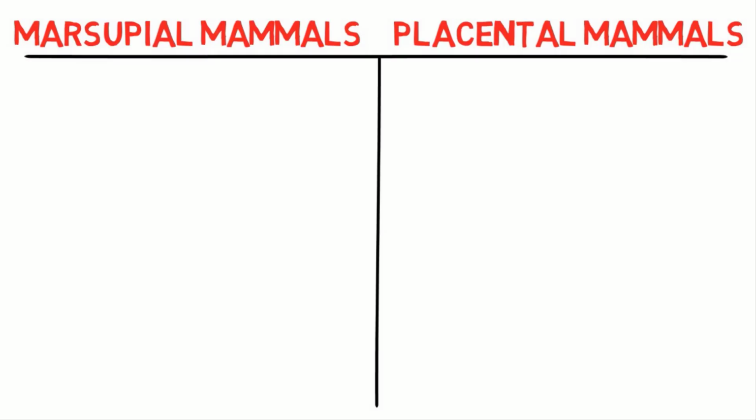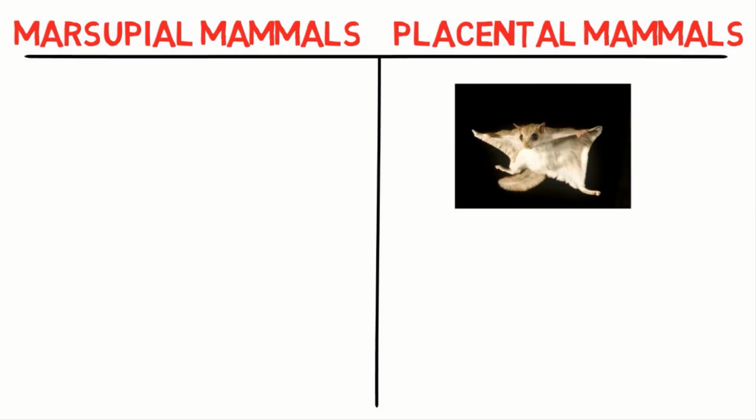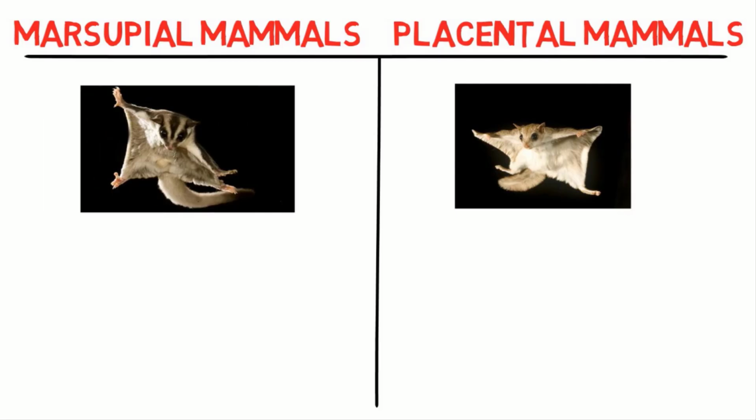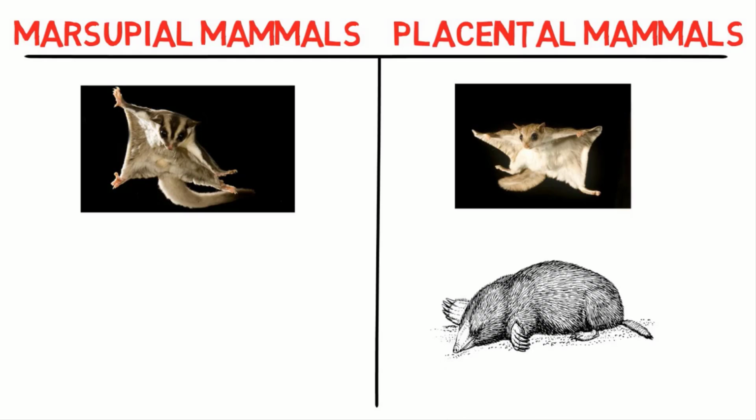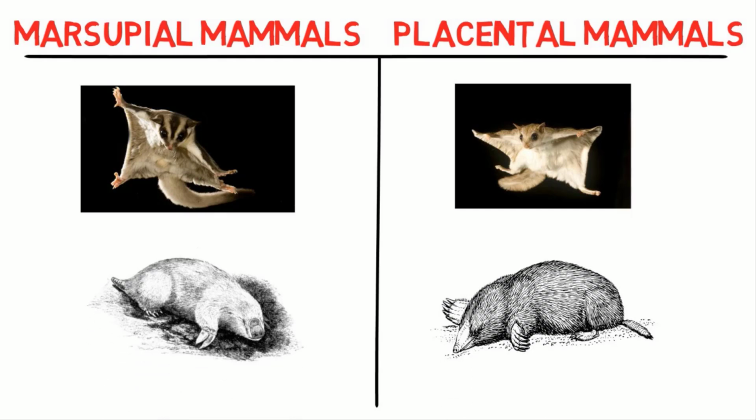There's the glider in both groups, the flying squirrel in placentals and the flying phalanger in marsupials. Both share a similar common ancestor, and though separated, they evolved many similar traits for gliding. Another case is the placental mole versus the marsupial mole. Both are burrowers with similar traits that evolved independently from a similar ancestor.